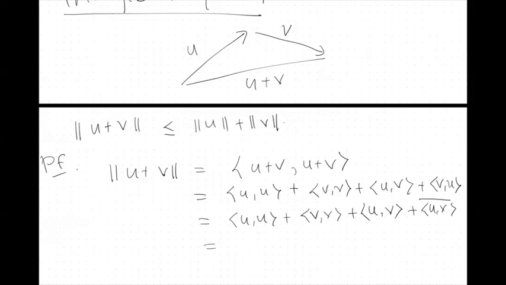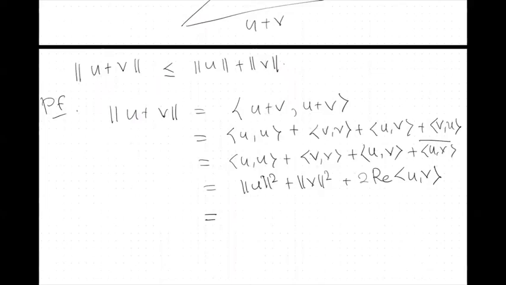So this part becomes the norm of u squared, and this is the norm of v squared, and then here we get 2 times the real part of the inner product of u and v. And then we get here less than or equal to the norm of u squared plus the norm of v squared plus 2 times the absolute value of the inner product of u and v.